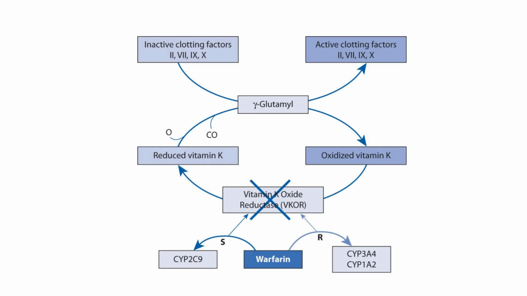In the case of warfarin, when you take warfarin, it blocks vitamin K epoxide reductase. As a result, reduced vitamin K is not regenerated. Without reduced vitamin K, gamma carboxylation cannot occur, right? Without gamma carboxylation, clotting factors like 2, 7, 9, and 10 cannot bind to calcium.